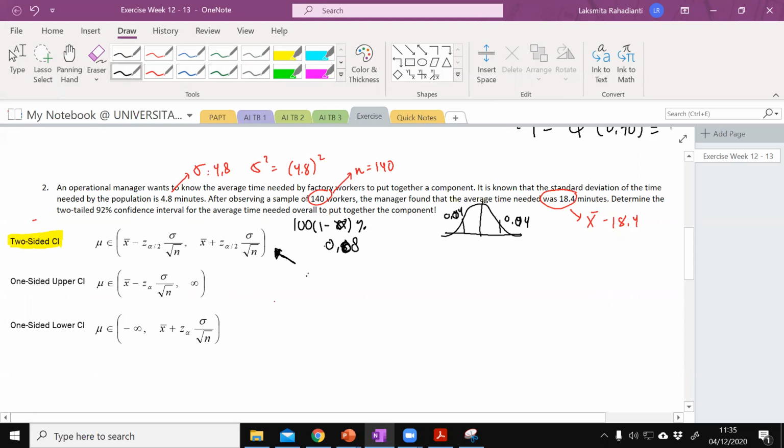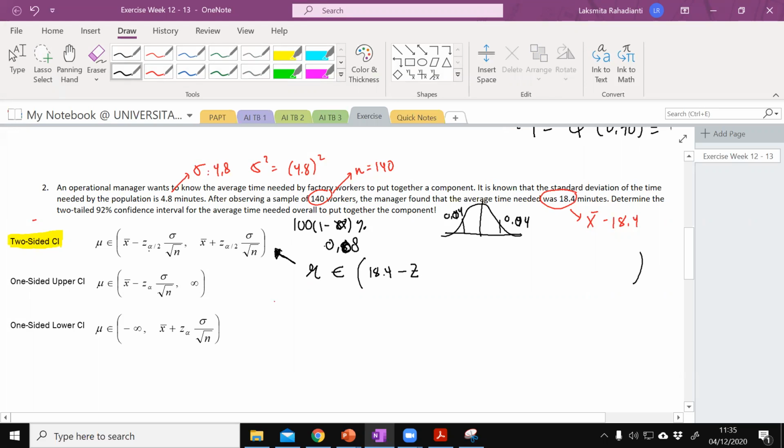So I know now that the mu, or the population mean, should fall between these two limits, which is the sample mean, which is 18.4, minus z, what's my alpha?